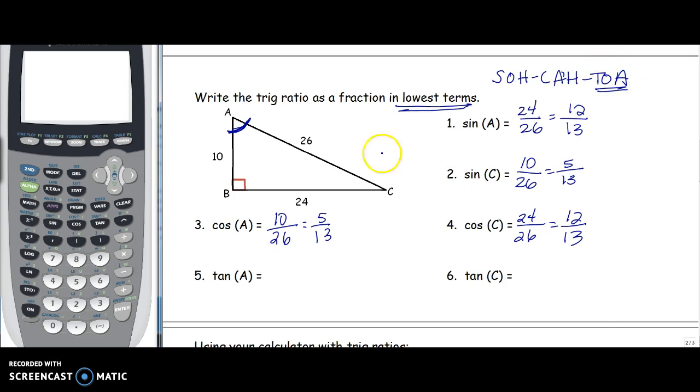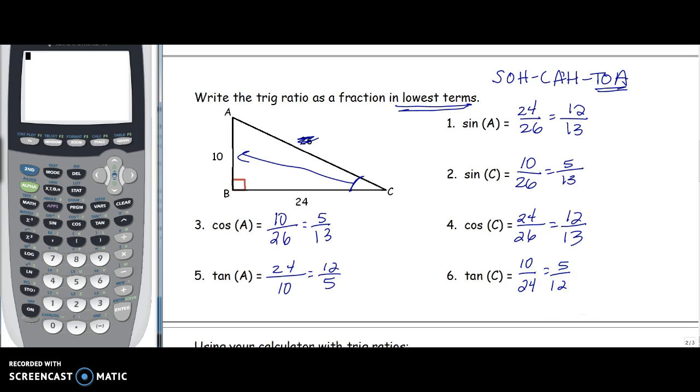So we're not using the hypotenuse anymore, so we don't need this 26. Opposite over adjacent, which this would be 12 over 5. And our reference angle would change to C in number 6, opposite over adjacent, which is 5 over 12.